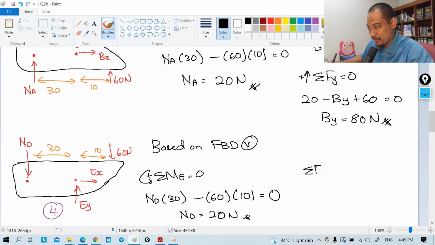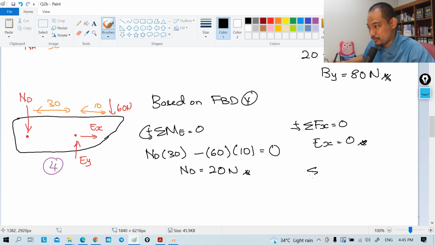So summation of Fx equal to 0. So you'll get Ex equal to 0. That's the answer. Summation of Fy equal to 0, upwards. Then you have ND is 20, negative 20, negative 60 plus Ey equal to 0.